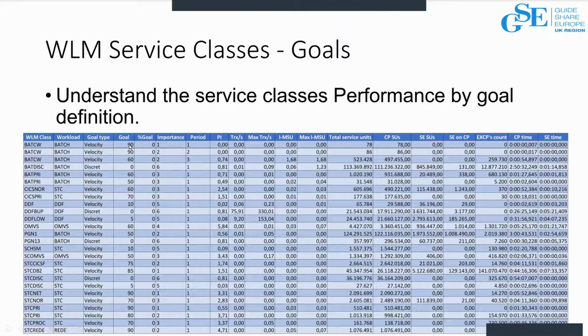In the first period, importance 1 with the goal 90. The second period, importance 2 with goal 90. And the third period, you have importance 2, but with 60 on the goal. And then you have your consumption KPIs available here that you can use to understand if the objectives defined are good or need to be reviewed. Okay.